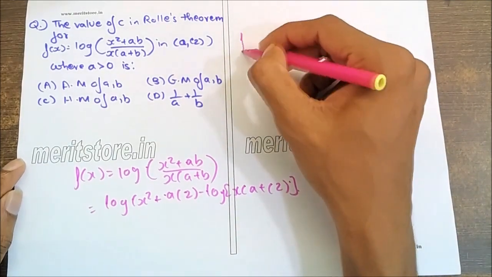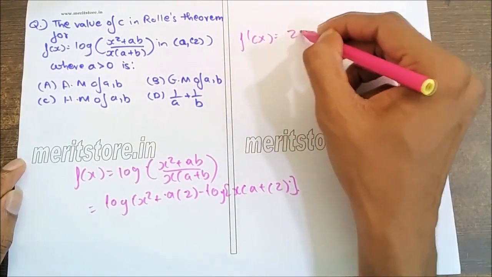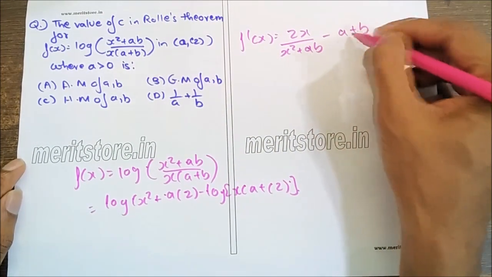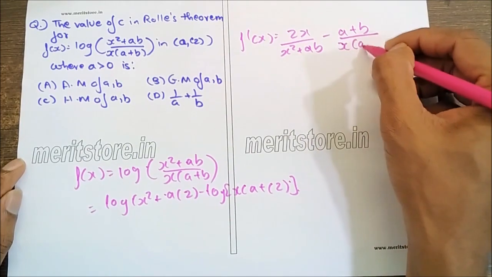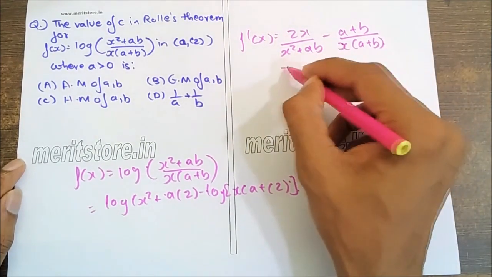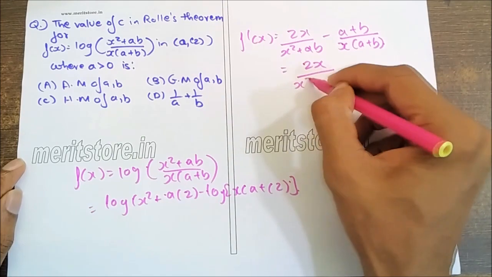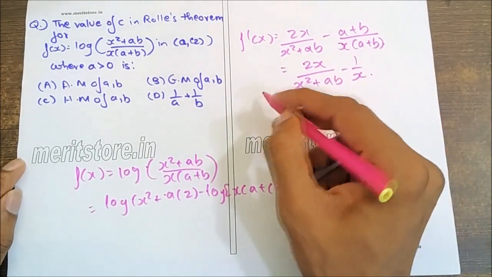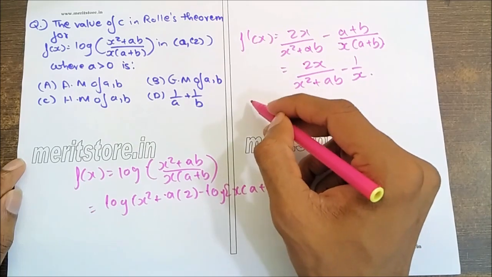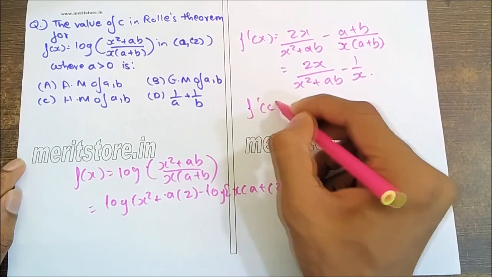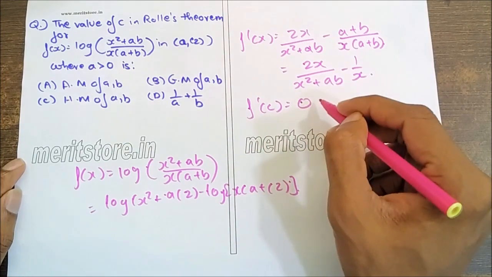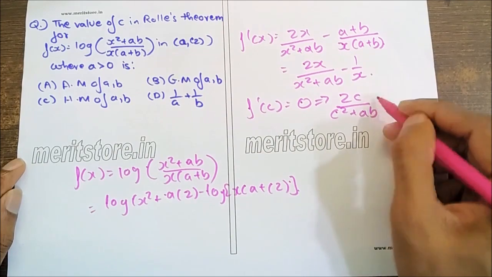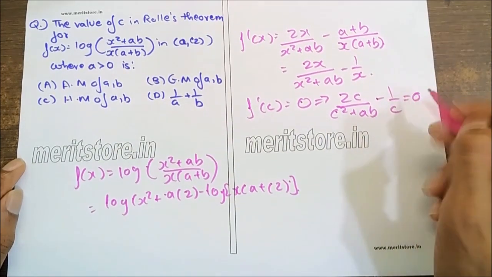Further, we differentiate, we get f dash x equal to 2x upon x square plus ab minus a plus b upon x into a plus b, which is equal to 2x upon x square plus ab minus 1 by x. We substitute the value x as c, we get f dash c equal to 0, where we get 2c upon c square plus ab minus 1 by c equal to 0.